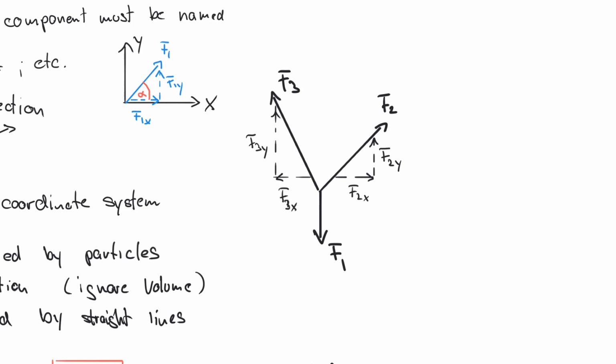And that is still not done, because remember, we need to include angles. So let's call this alpha and this beta. Of course, you use numerical values there sometimes. But now we're still not done. We need a coordinate system, and it does not matter where you put the coordinate system. So I'm going to draw two for you here. Some students prefer to put it here and then have the y-axis here.